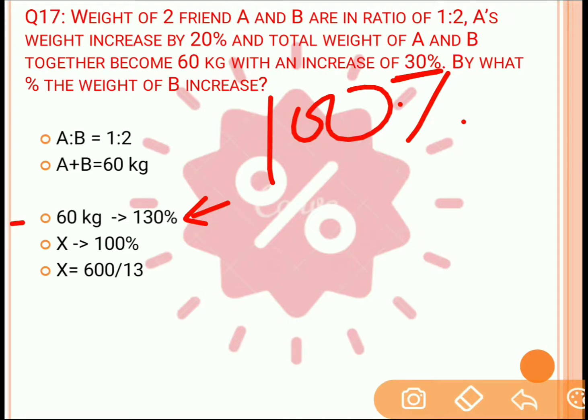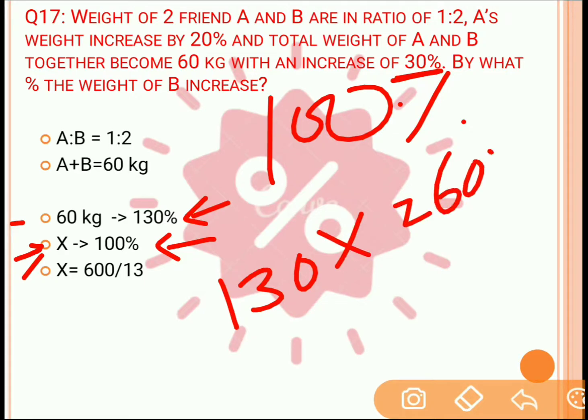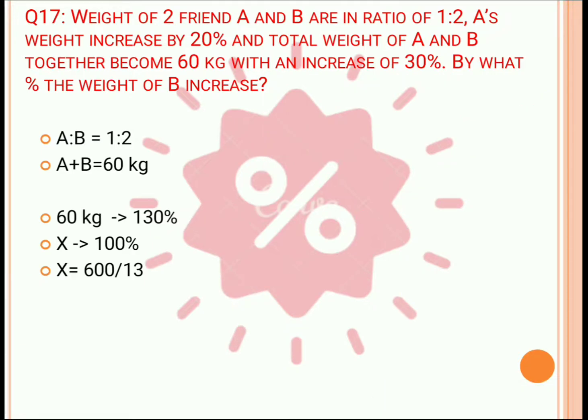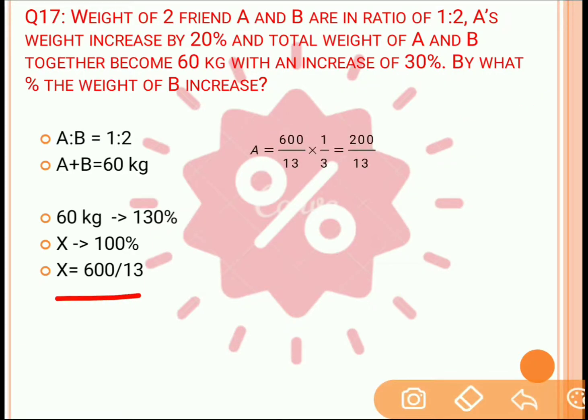Then let's say the original weight of A and B is X kg, at 100%. So from the cross multiplication we can find out 130 into X is equal to 60 into 100. From here we can find out the value of X, and X turns out to be 600 divided by 13.